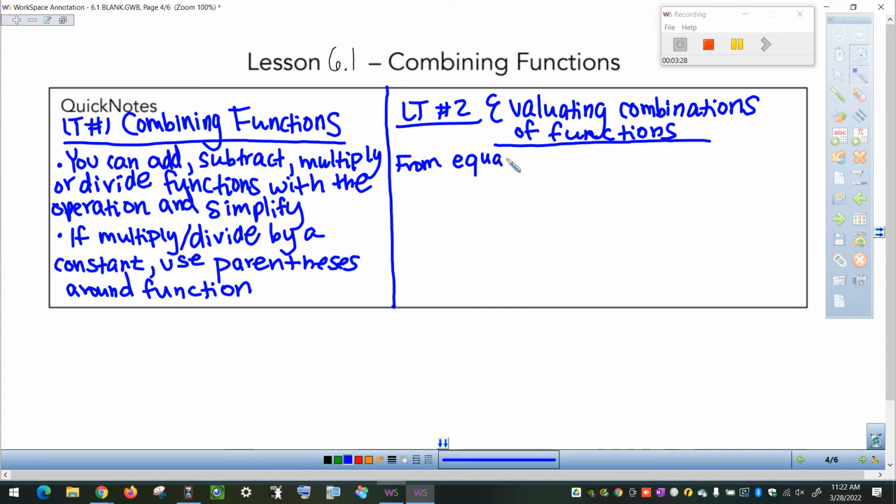Okay, so there's a couple of ways this can look, and it depends on how the information about the function is given to us. So if the function is given to us in the form of an equation, all we need to do is plug the inputs into the needed functions and simplify.